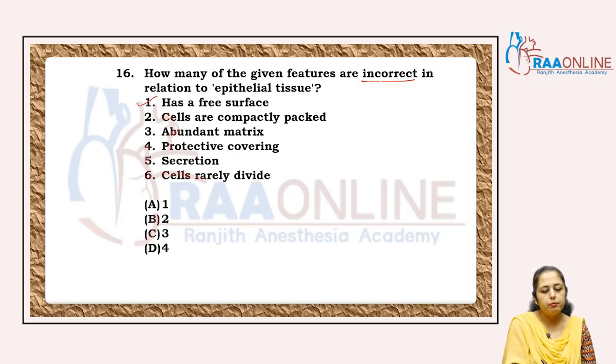Cells are compactly packed, correct. Abundant matrix, wrong. Protective covering, correct. Secretion, correct. Cells rarely divide, no. High regeneration power is present in the epithelial tissue, that's why it divides continuously. So two statements are incorrect, so the answer is B, right?